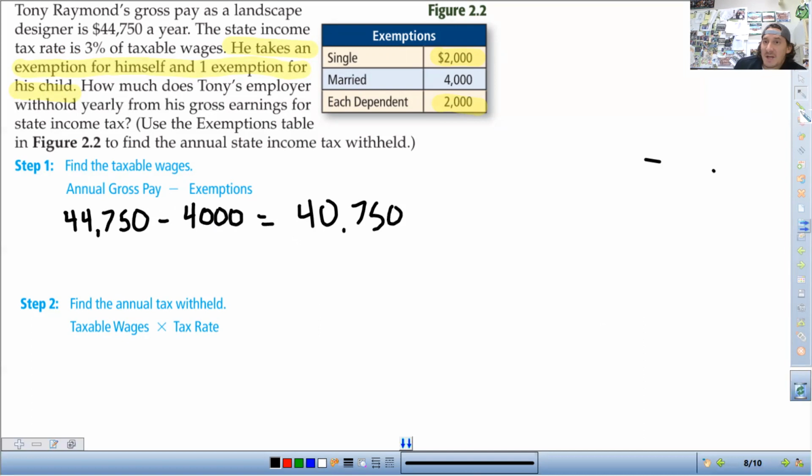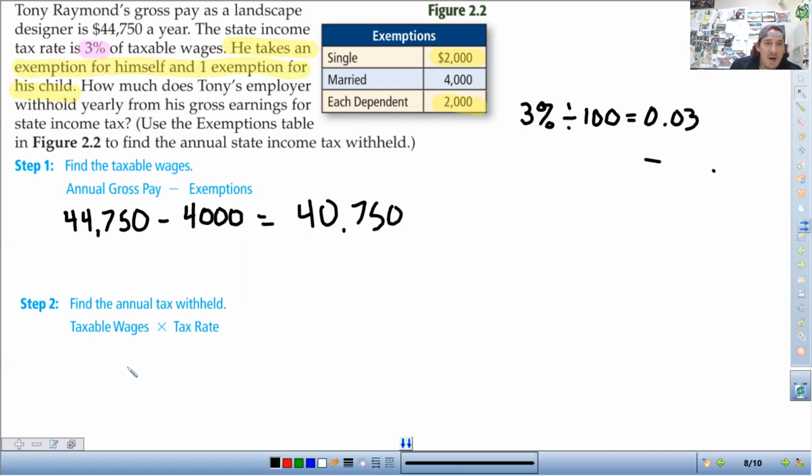Now, his tax rate is 3%. Whenever we have a percent, and we're going to do calculations with that, we have to convert it to a decimal. So I'm going to do 3% divided by 100 to convert it to a decimal. That's 0.03.